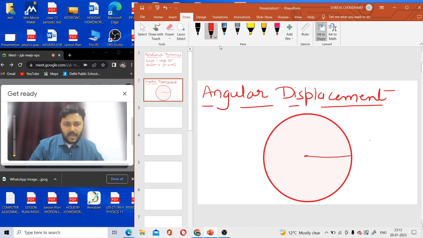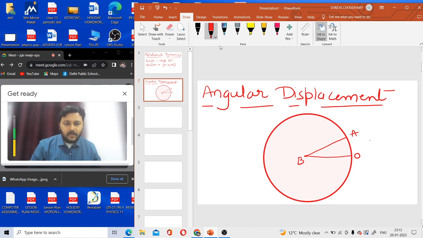The particle has moved from this O point to A point. OB is a straight line, definitely the radius of the circular path. OAB is also a straight line, and it is also the radius of the circular path. OB is also the radius, AB is also the radius, that we know from our very basic concepts of math.